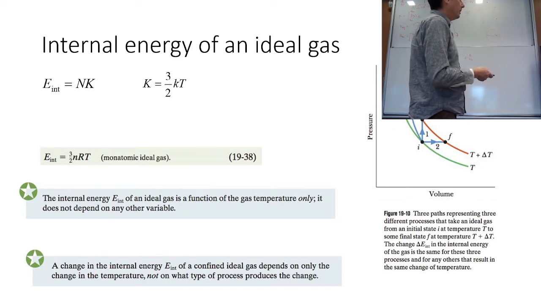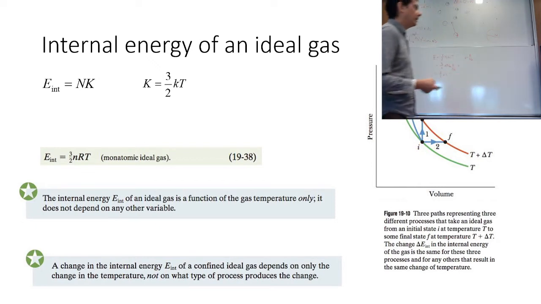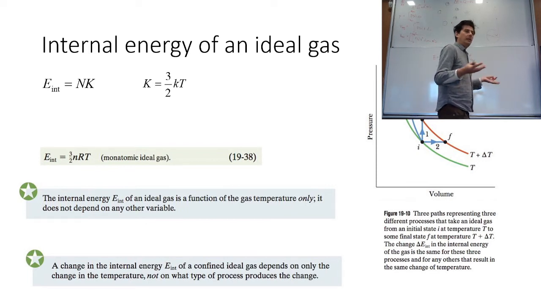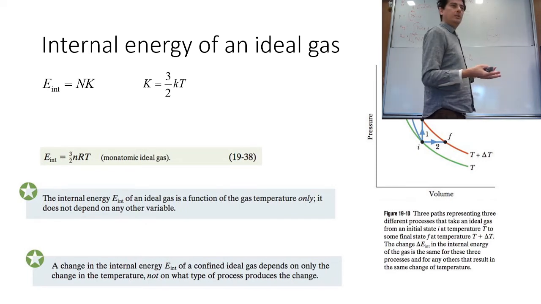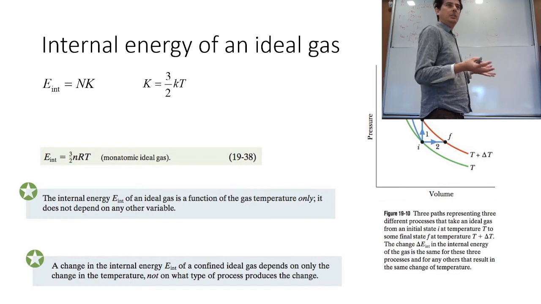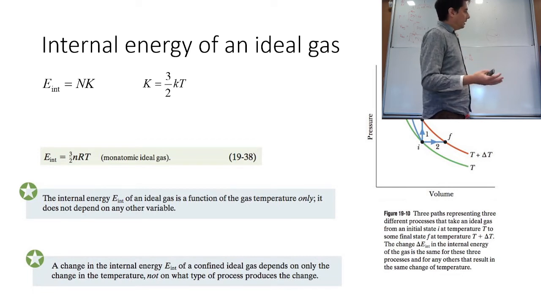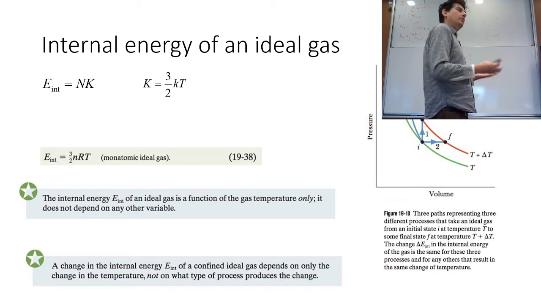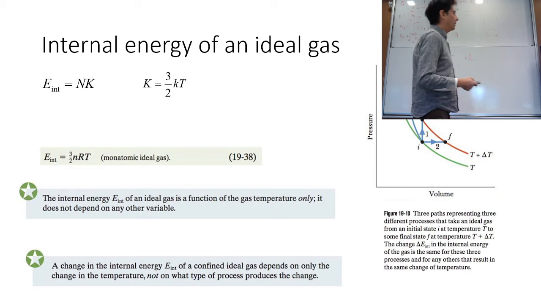So for any process, for example, if you start here at some temperature and go to a different temperature, T plus delta T, it could go straight up, straight across, or some other path like this. Previously, we couldn't say anything about the change in internal energy, because we could work out the work, but we didn't know what the heat was, so it was inconclusive.